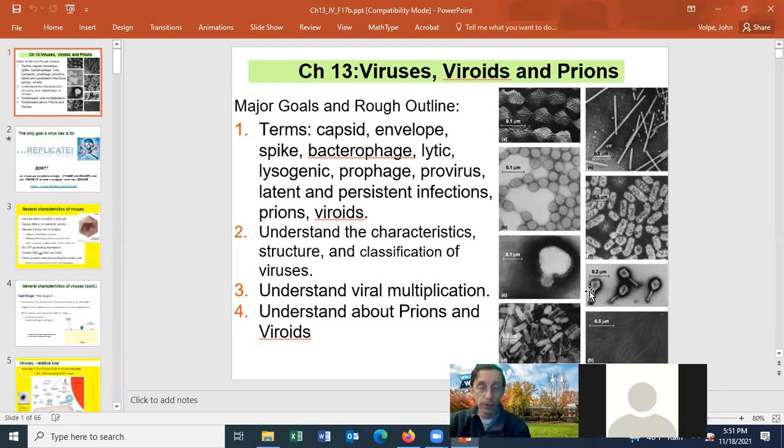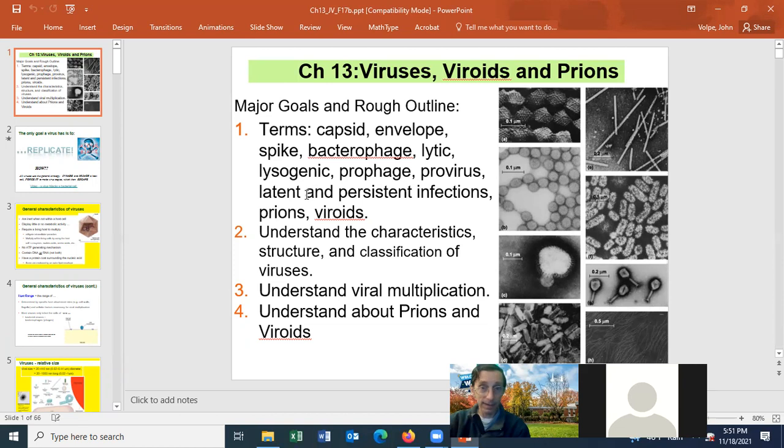As usual, I give you the first slide, which gives you the major goals of this chapter and a rough outline. Know the terms. What's a capsid, an envelope, a spike? What's a bacteriophage? What is a lytic life cycle, a lysogenic life cycle? What's a prophage, a provirus?